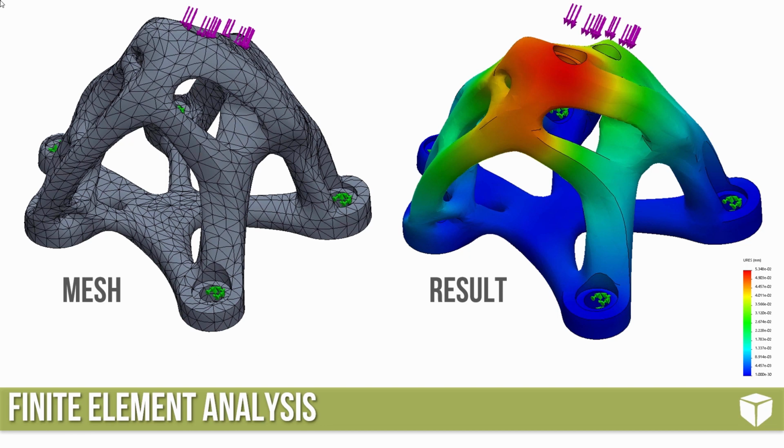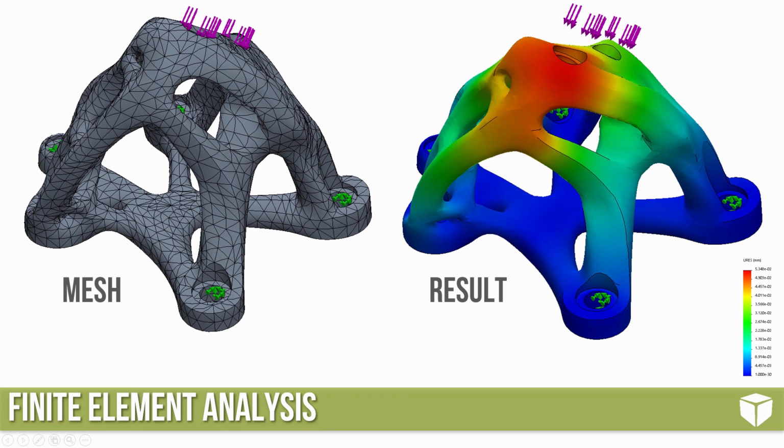We call those fixtures or connections. These are also things like loads, forces, torques, pressures, heat changes, things of that nature. The result is that same shape, but with numerical values applied to it. So in the image on the right, it happens to be a displacement plot, and it's showing that different areas of the model are displacing a certain amount.